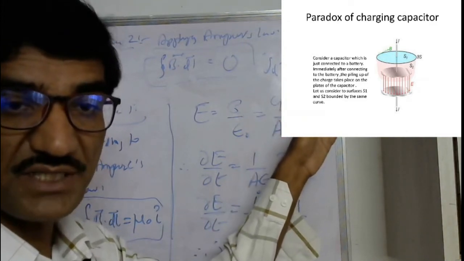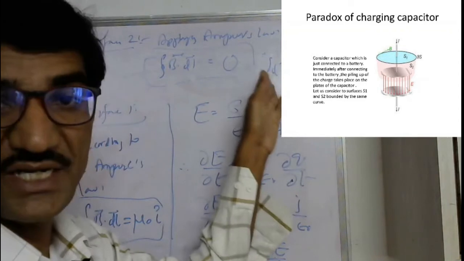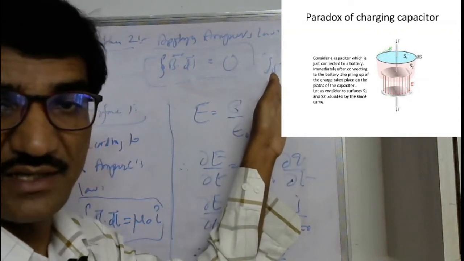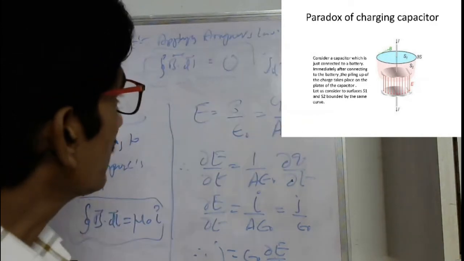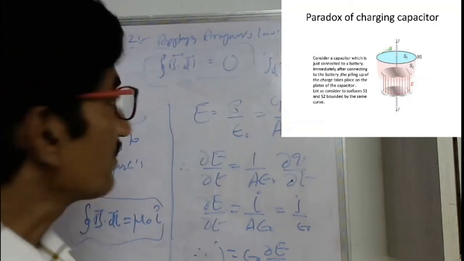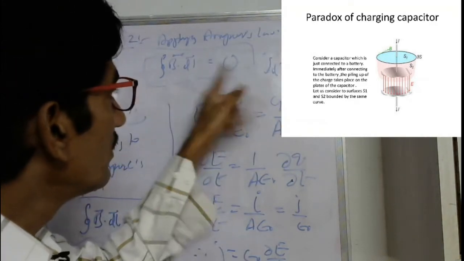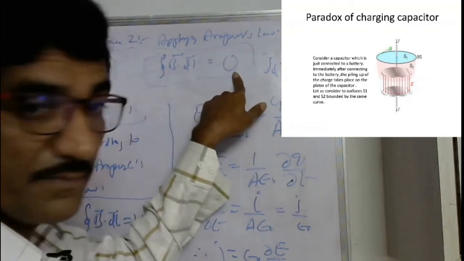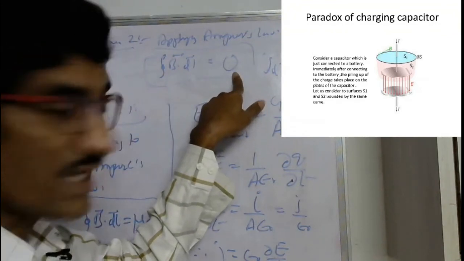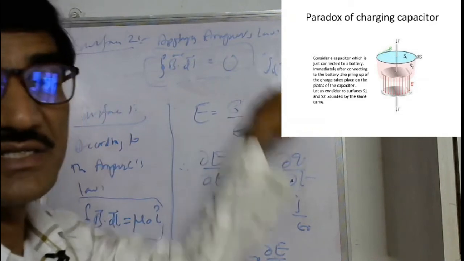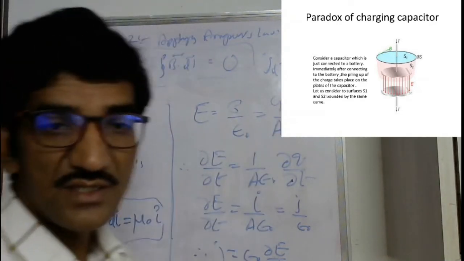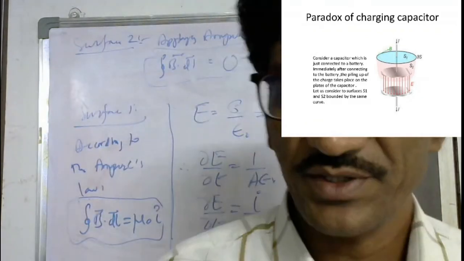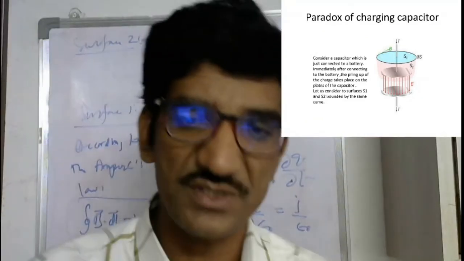Whenever you have a steady field, then also you have J_D equal to 0. When applying Ampere's law for the S2 surface, now you have integral B dot dl is equal to mu naught I, this I due to this displacement current. In this way, you have the same induced magnetic field for the two surfaces.